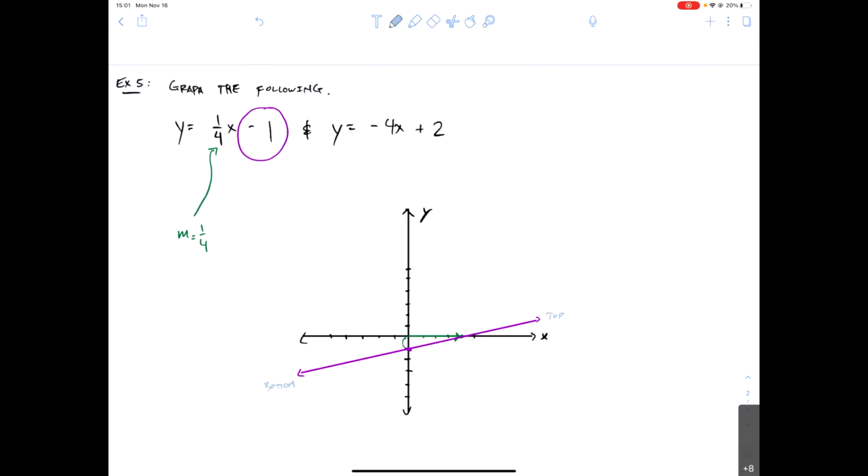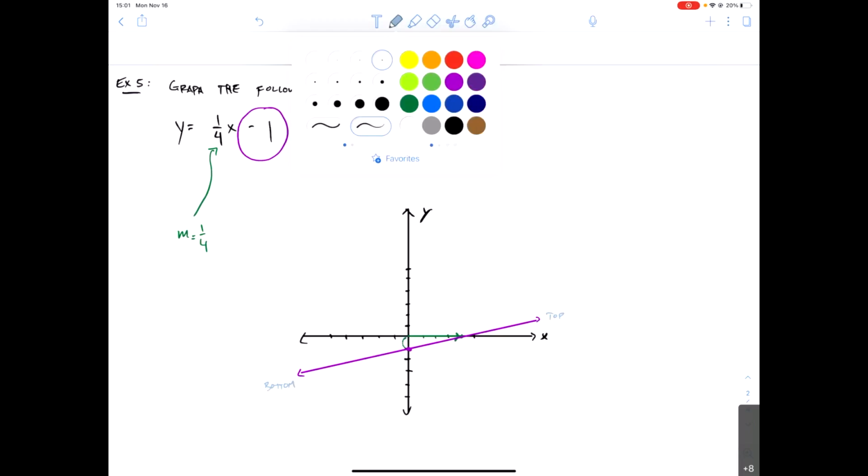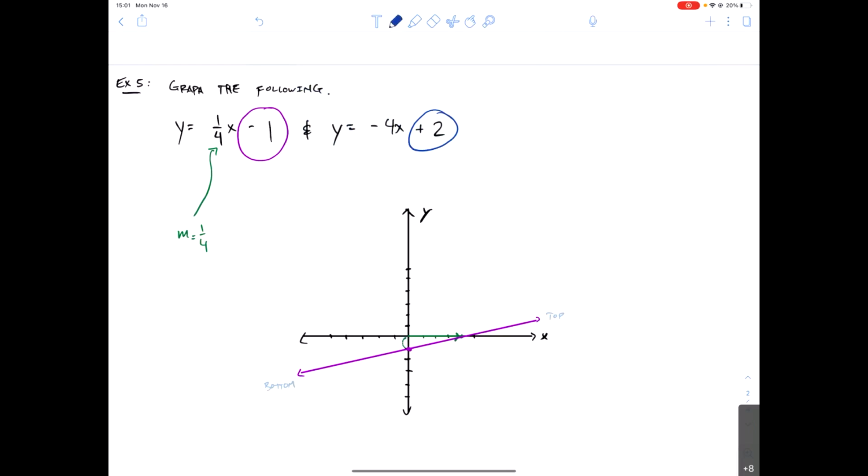Now, as for the other line in navy here, starting at +2, we're actually going to rise, even though it's -4/1.